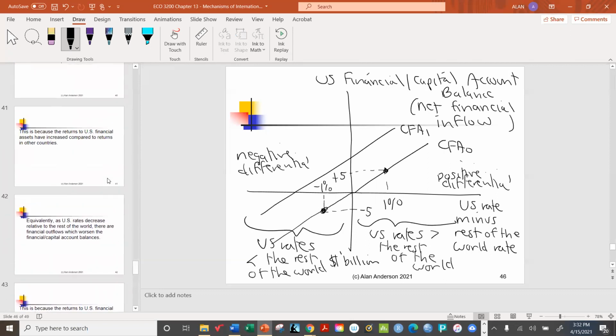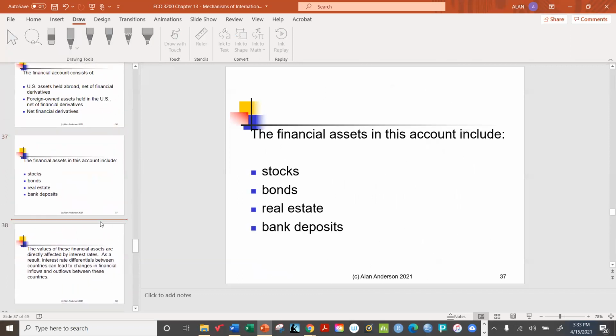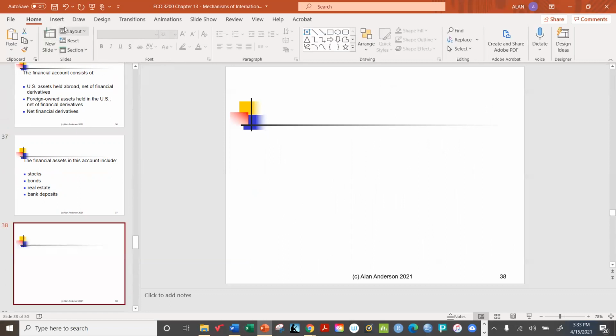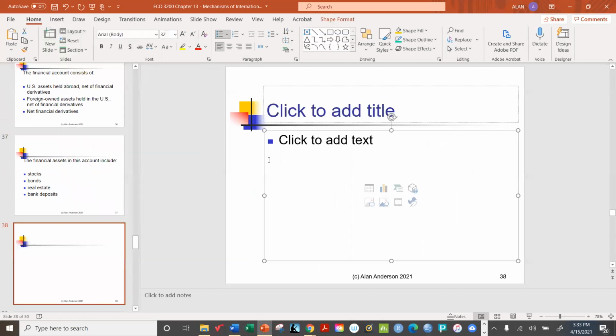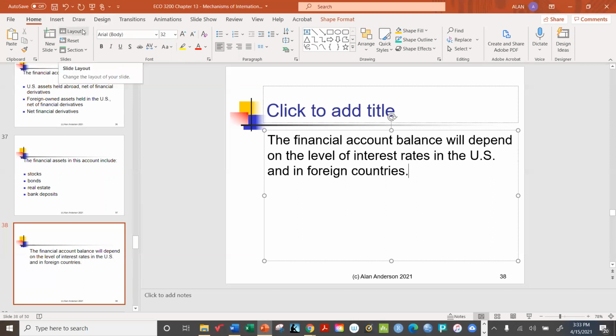So that graph is based on the assumption. In fact, let me add a separate slide for this. The financial account balance will depend on the level of interest rates in the US and in foreign countries. Okay, so the way that works is this.